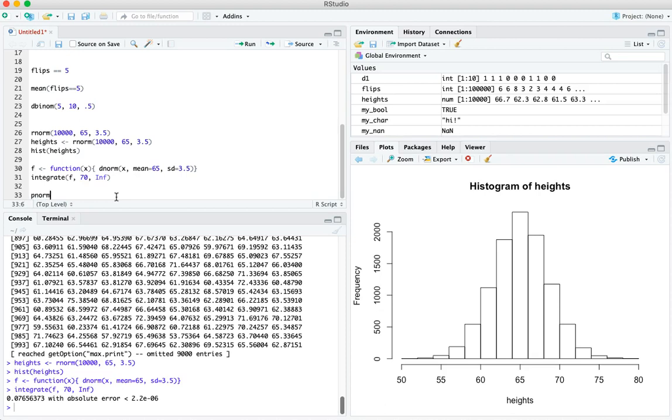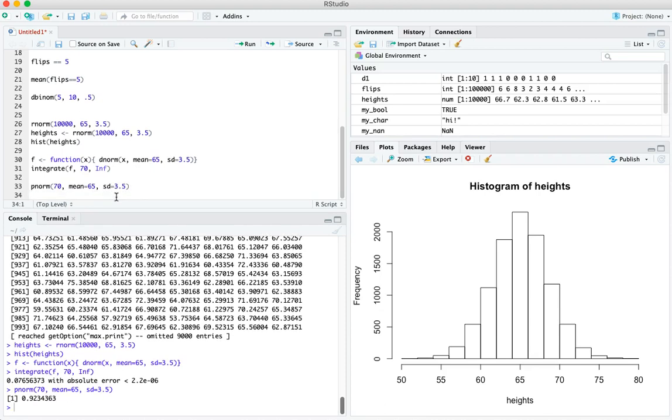So whereas we had dnorm before, pnorm tells us the probability of finding a woman who's 70 inches tall, assuming our mean is 65 and our standard deviation is 3.5. And we can go ahead and run that, and we get the exact opposite of what we had before.